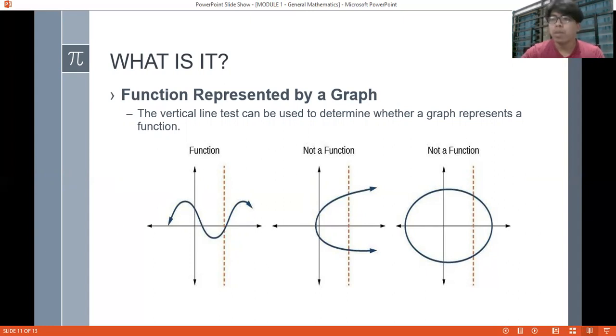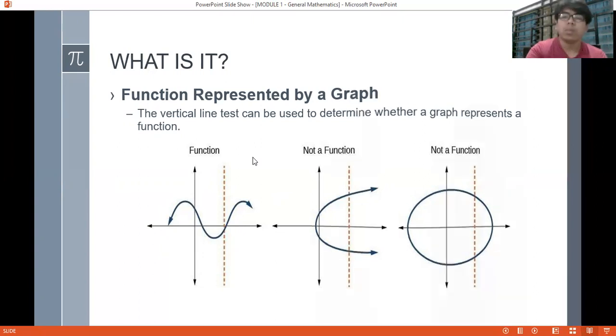So in a graph, if we use the vertical line test and it meets the graph more than once, two or more times, it means that it is not a function because the domain has a repetition.